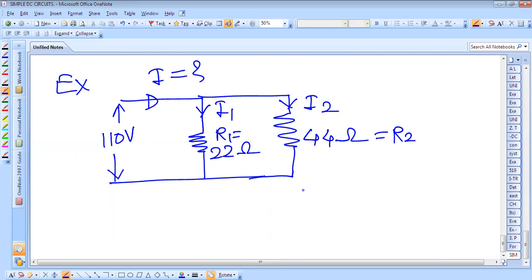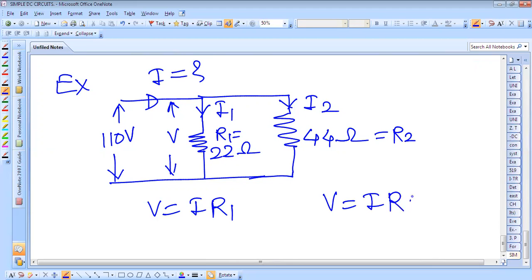What is the voltage across each? In a parallel circuit the voltage is the same. The drop across resistance R1 is V equal to I R1, and the drop across R2 is I into R2.